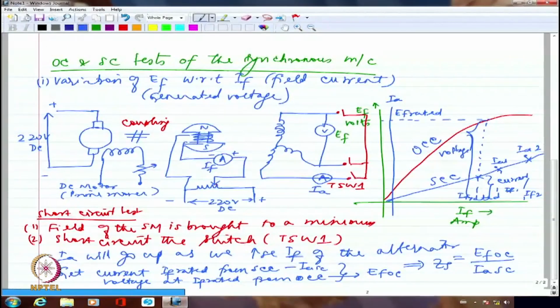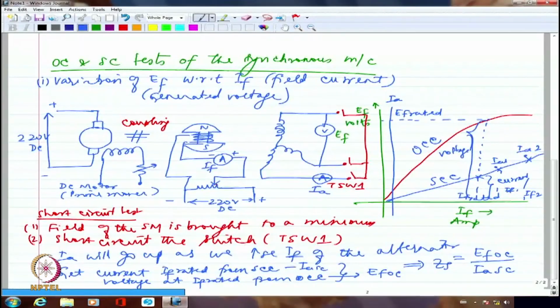So at rated condition, if I am able to measure short circuit current, and at rated condition, if I am able to measure the open circuit voltage, the ratio of these two indirectly gives me the synchronous impedance.